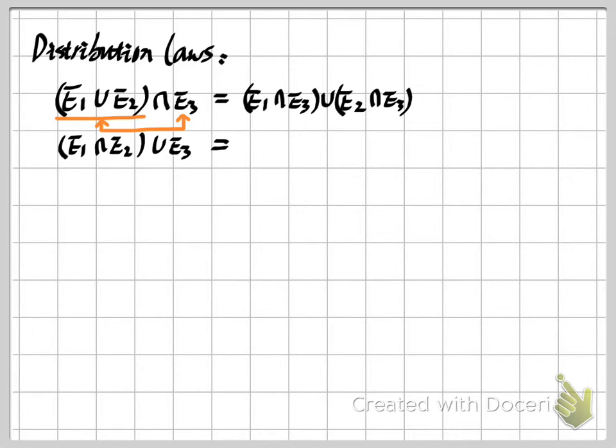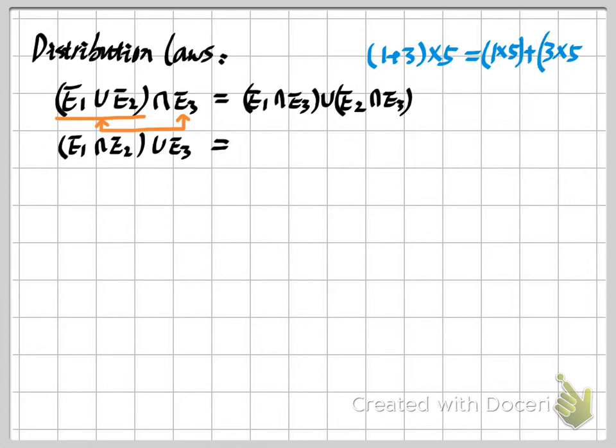If you want a way to remember this, it is a little similar to the distribution of multiplication over addition. Here you can see on the left we have 1 plus 3 in parentheses times 5, right? The distribution here is also 1 times 5 plus 3 times 5.